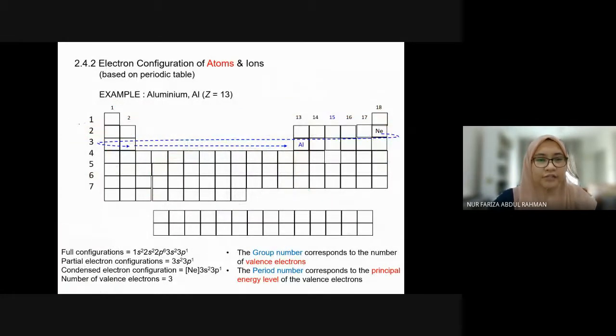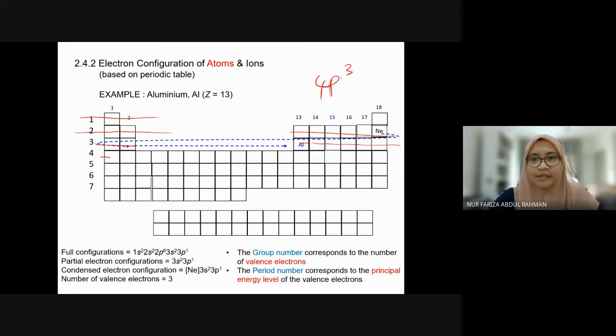Dia akan masuk 1s1, 1s2, and then 2s1, 2s2, and then 2p6, tapi masuk 3 pula, 3s1, 3s2, 3p1, 3p2, until 3p6 penuh, and then masuk pula 4s1, 4s2. Dia dekat blok p kan, 4p3.